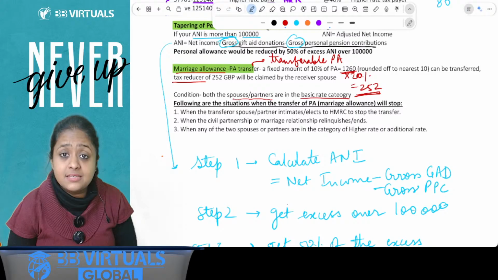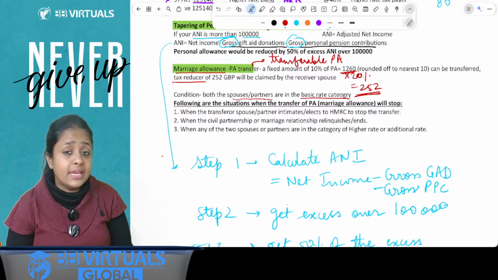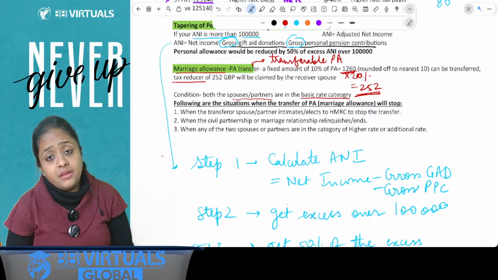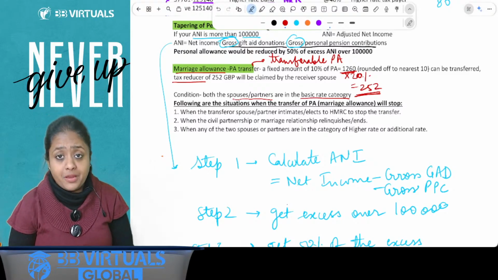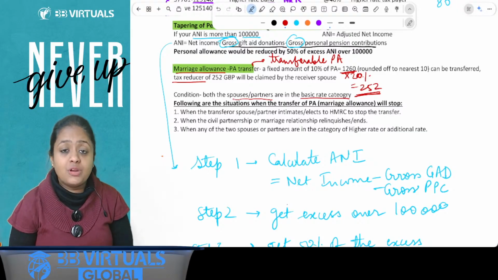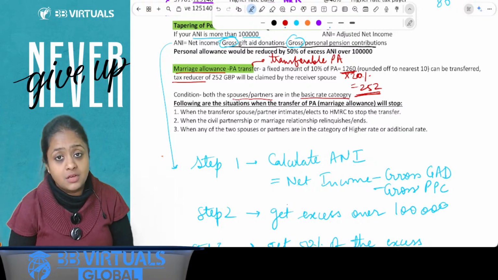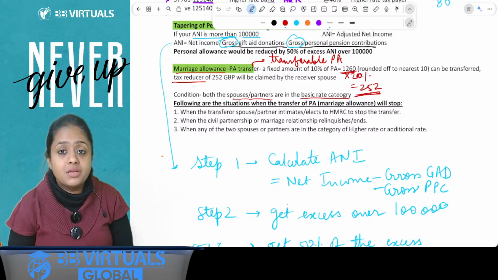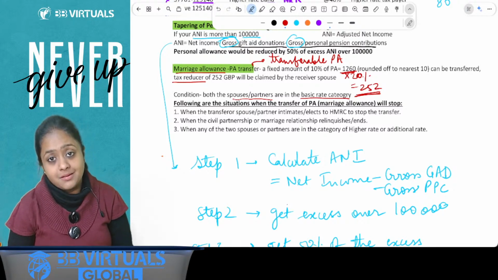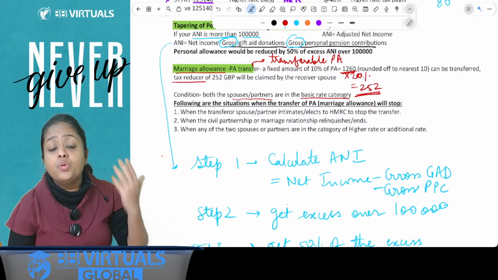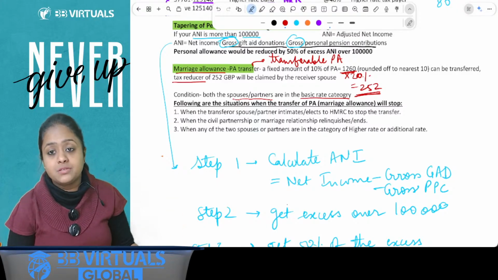If let's say next year a claim has not been made, and even though spouse one is requiring full PA, because maybe next year his income becomes 15,000, he will still have to transfer 1260 to the other spouse, because he has not made a claim to stop it. So he will continue to do it until he stops it.